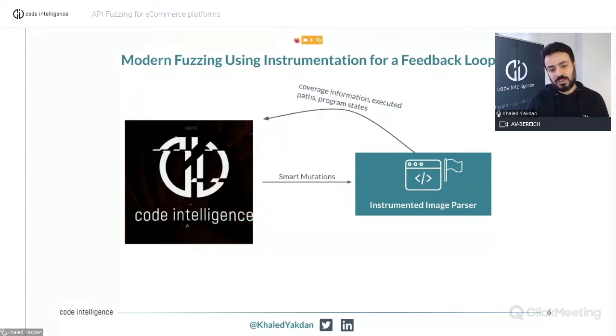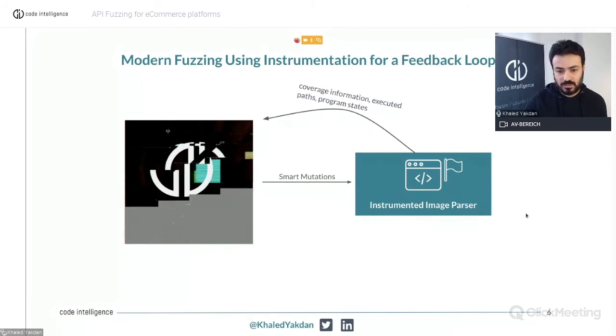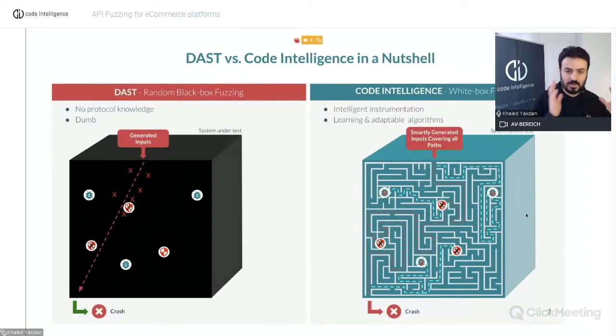At a high level, we can think of this as the old school black box fuzzing, where you just provide an input and have no idea what this input actually triggers in the application. But with code instrumentation, as in white box or gray box fuzzing, you get exact information about where you have been in the code, and this enables the mutation algorithm to find inputs that maximize the code coverage.